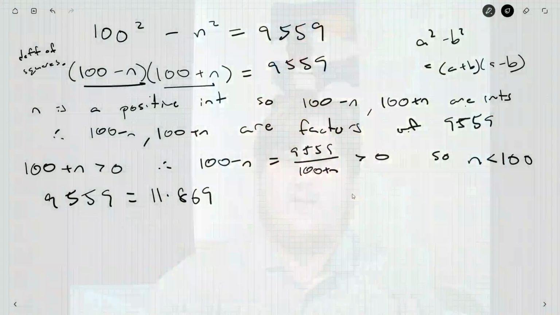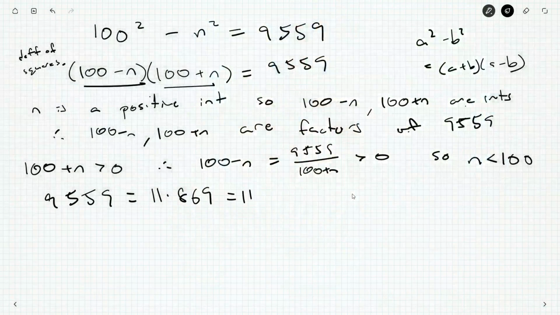I'm just using my calculator to do that, just trying different primes. 869, is that also divisible by 11? It is. Fantastic. So we can actually write 11 squared times 79. And 79 is a prime as well.